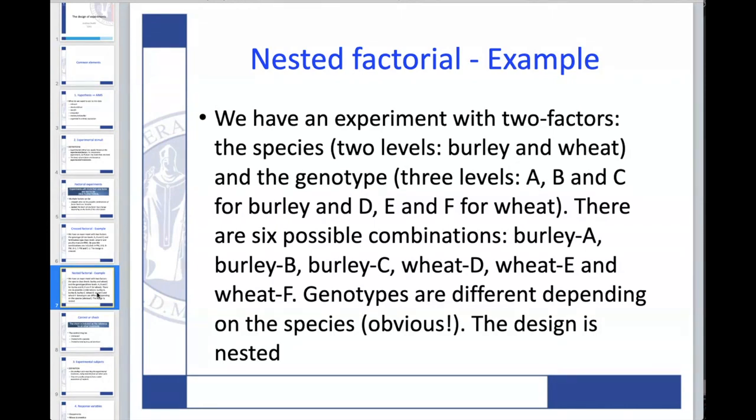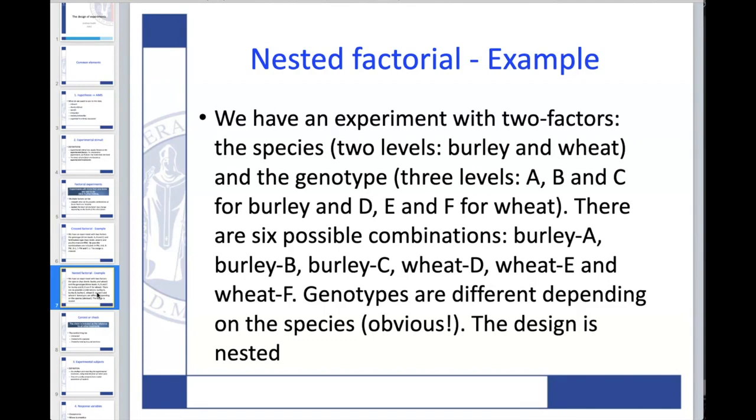I'm not sure whether you know these crops. These are two cereals. So they are different crops, and they have different genotypes.